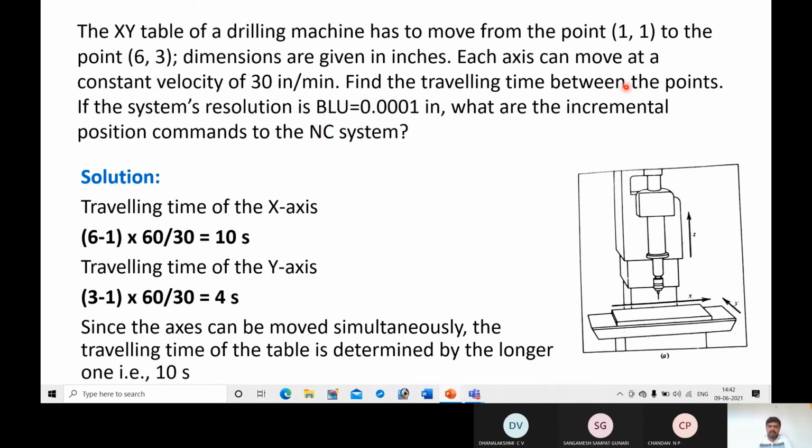Similarly, if you want to move the table along the y-axis for 2 inches, how many incremental positions are required? That is given by 5 divided by the basic length unit, which gives the incremental positions. Again along the y-axis, 2 by 0.0001 will give the incremental positions.